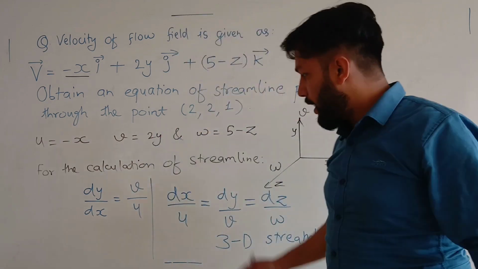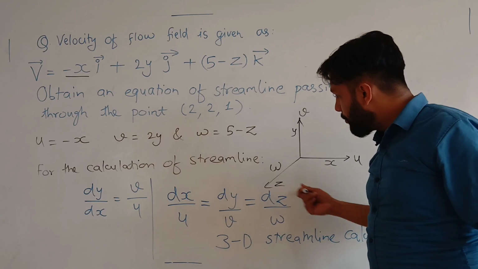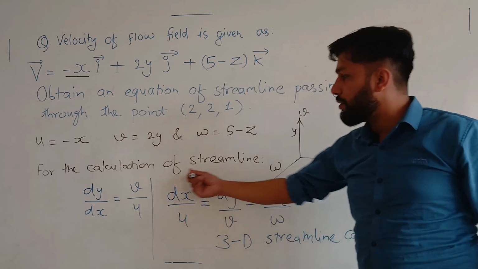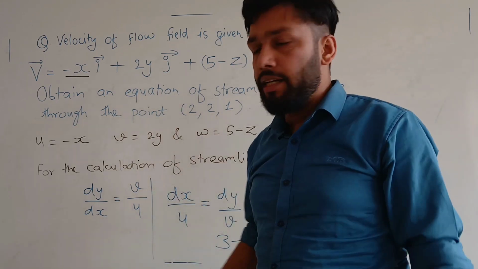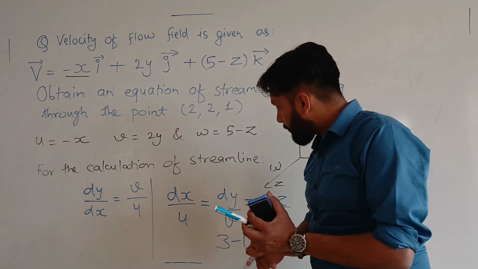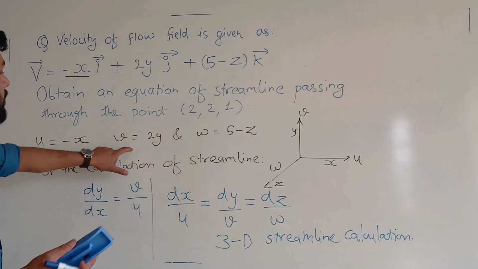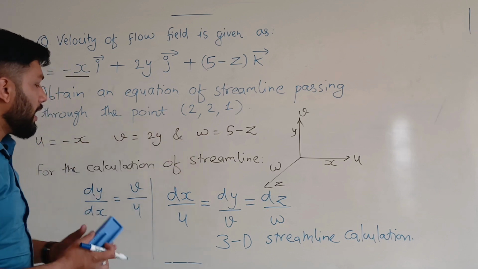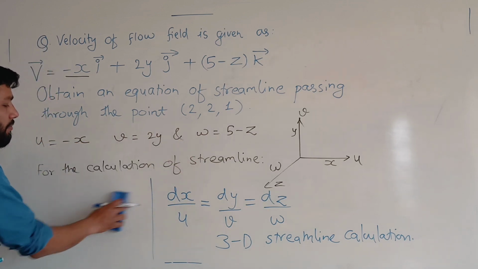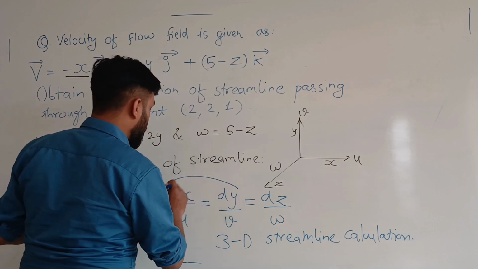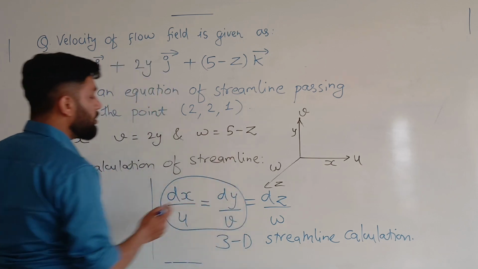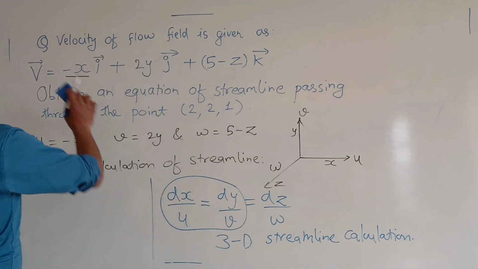I hope you understood. Let's use this equation in order to determine the streamline in a three-dimensional system. I have extracted u, v, w. Now I am going to use this first equation.